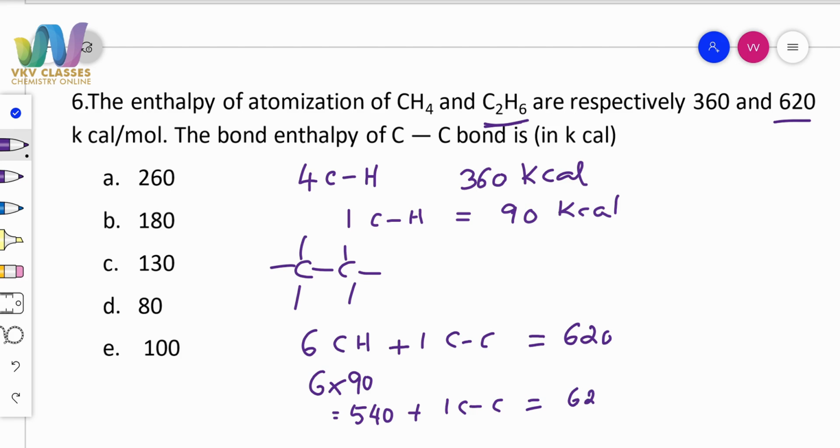This is equal to 620. So the C–C bond will have an enthalpy of 620 minus 540, that is equal to 80 kilocalories. That is, the answer is choice D.